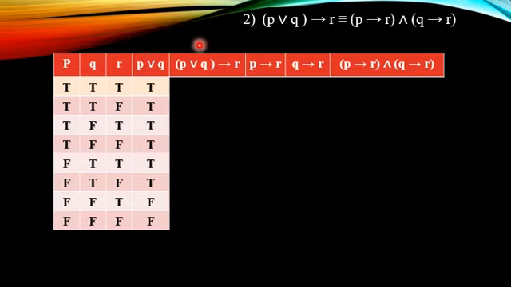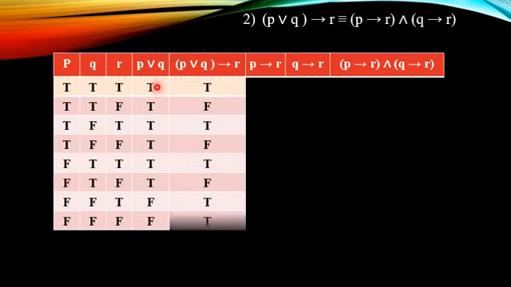TT true, TF false. Here the first statement is true and the second one is false, so the corresponding conditional statement is false. Here again TT true, TF false, TT true, TF false, FT true, FF true.